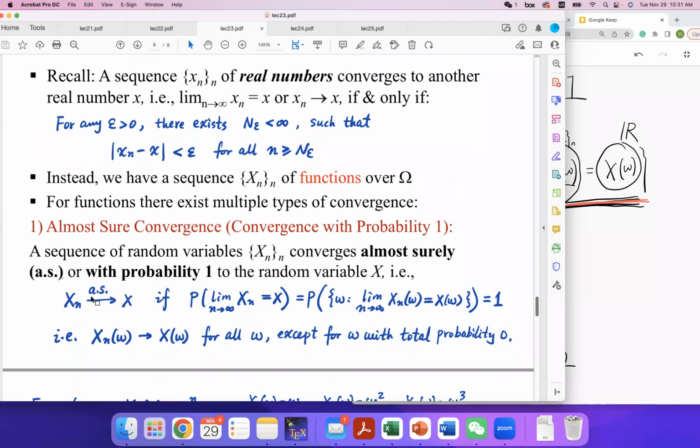Right, so this is notation, and this is the precise definition for almost sure convergence. Put the other way, this means that this sequence of real numbers will converge to the real number X(omega) for all the omegas, except for a small set of outcomes that has probability 0.